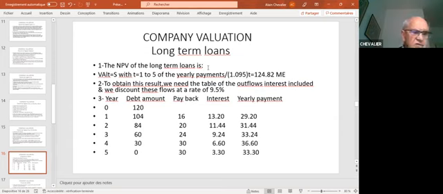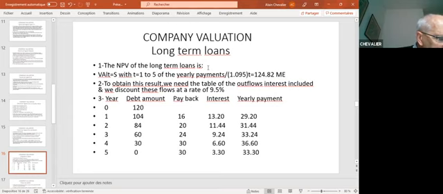We can check all that more precisely with the design of a table, and you have got here a table in front of you, which starts with the year, debt amount at the beginning of the year, the payback each year, the interest also paid, the yearly payment. You understand that we start with 120 level of debt, and as the payback first year is 16, we get 104.